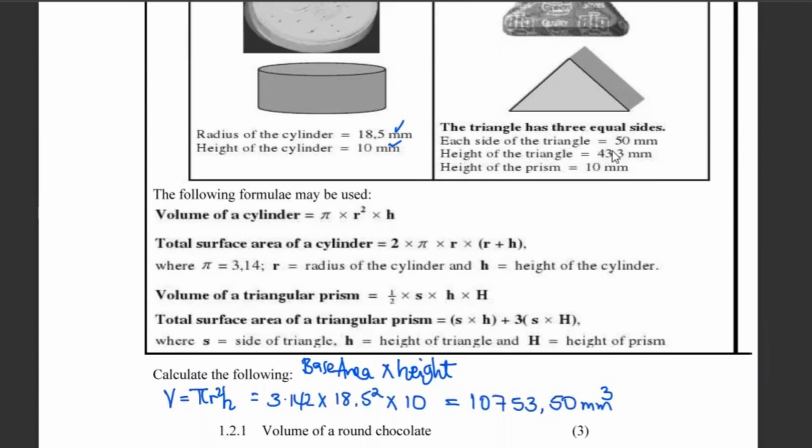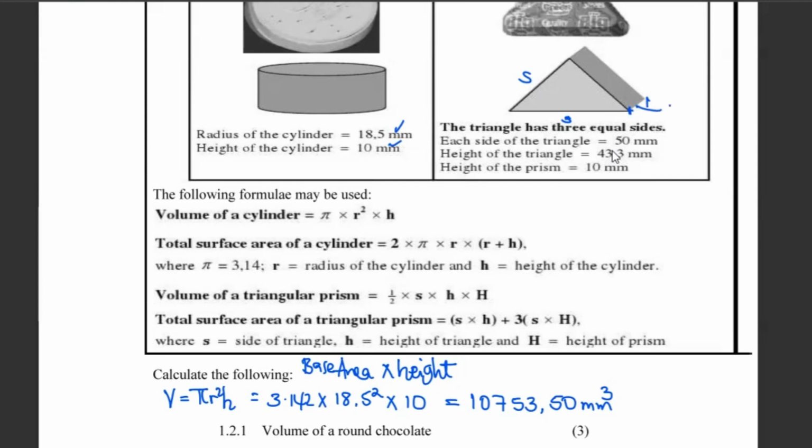The slanting sides, these ones are the S. Then this part from here up to there, it will be the height of the prism.